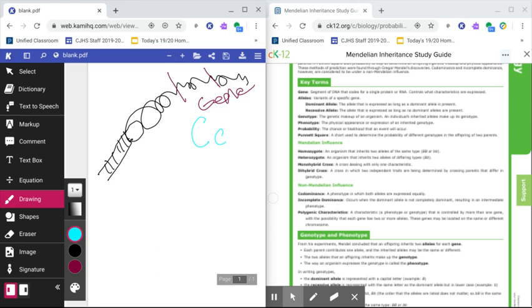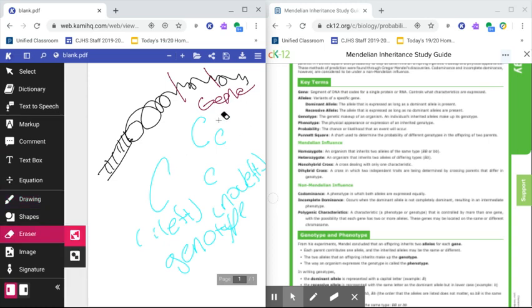Now, the alleles that we use when we say big C for cleft or little c for no cleft, those are known as the genotype. We get one from each parent. Since we have a father and a mother, no matter if they live with us or not, we were born with two of them.